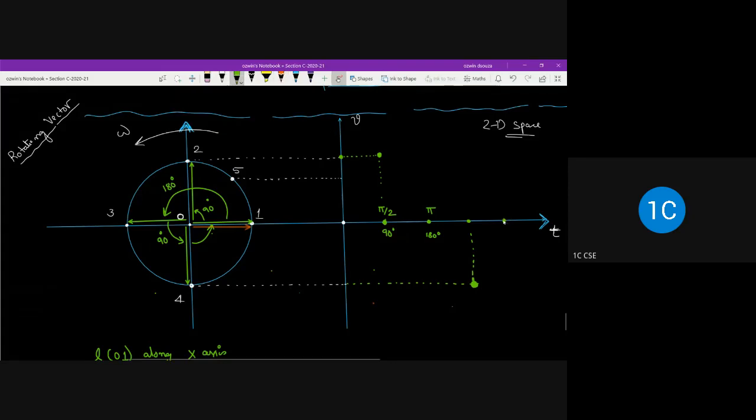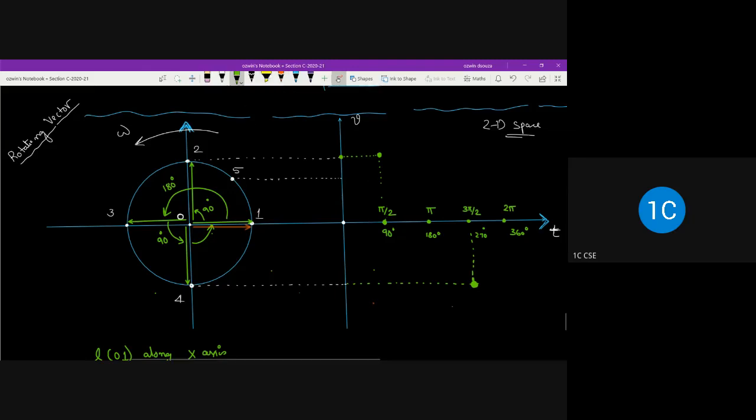So at 360 degree or at 2 pi radians, or this is 3 pi by 2 radians, or 270 degree, and this is 360 degree. Okay, so basically, if you see, it traces a sinusoidal signal. So that's the reason we say the waveform induction using a circular machine is a sinusoidal signal.